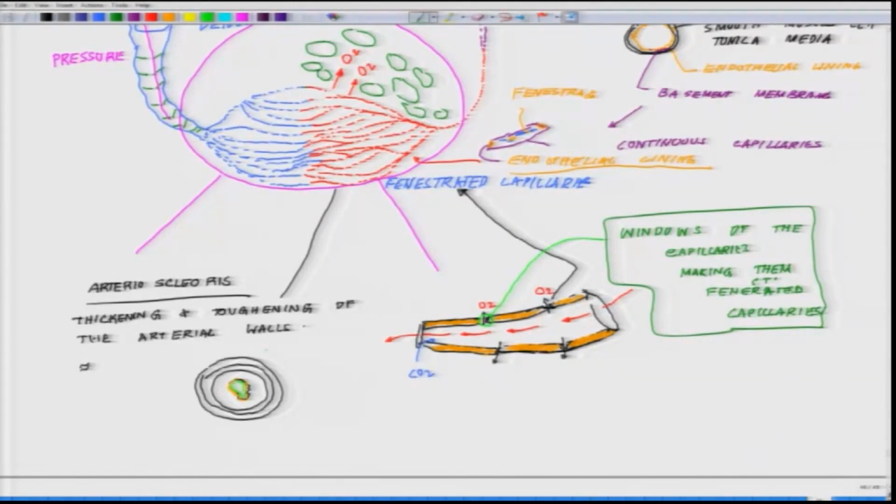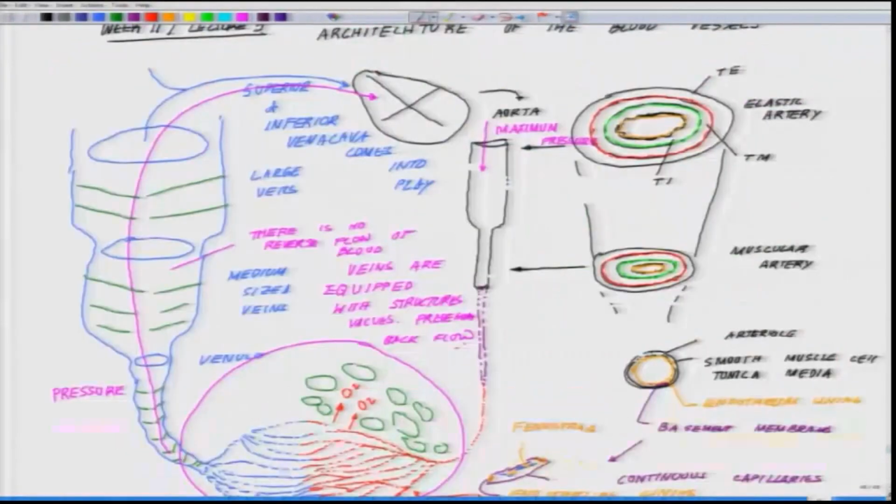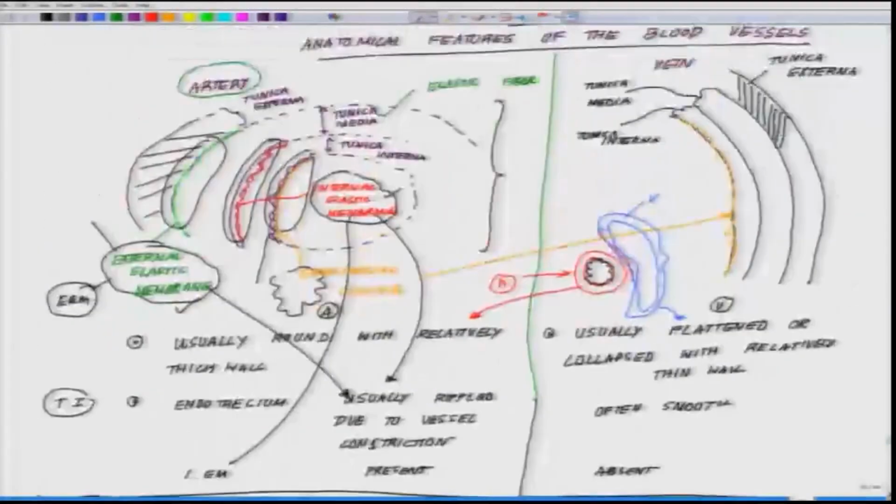Once you have depositions around it, the amount of blood flow plus pressure on the vessels increases, and that may at times lead to damage, or sometimes even lead to something called aneurysm, where part of the vessel does something bizarre.